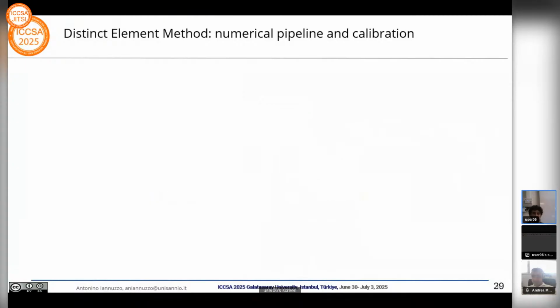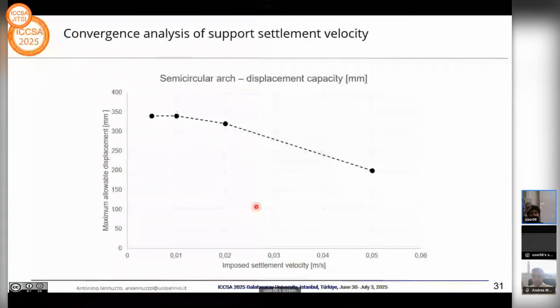We did a lot of parametric investigations. From a computational point of view, going for something linear is okay, but sometimes you need more time for the calculation.